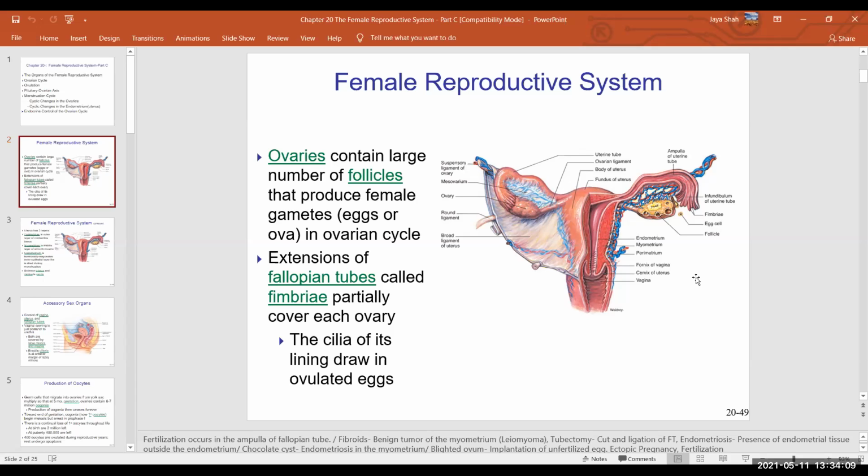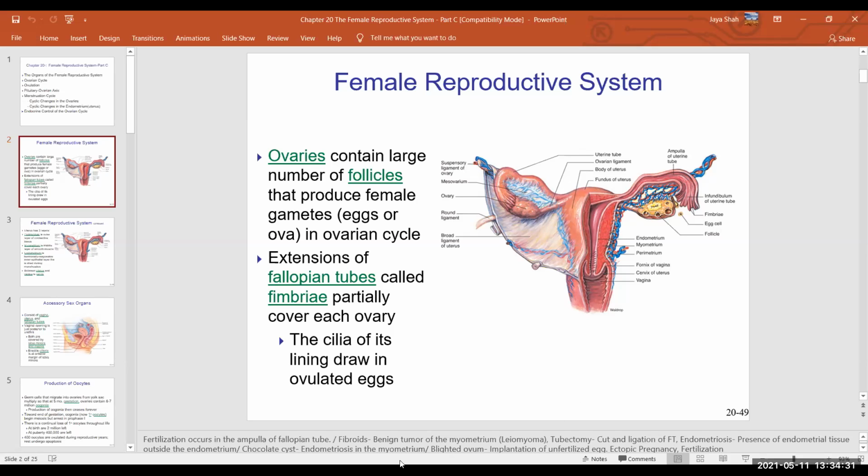This time I'm talking about a lot of things in one slide, so you have to make notes or watch this video again and make the notes. So if an unfertilized egg implants in the uterus, it gives the impression of false pregnancy.